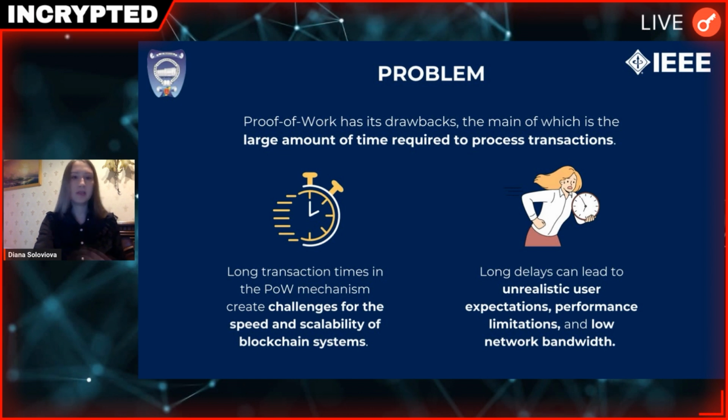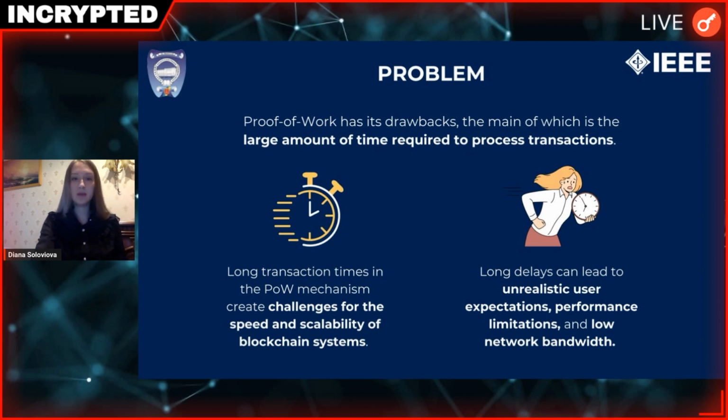However, along with the expansion of this technology, it still has problems which need to be solved. One of the key mechanisms underlying blockchains is proof of work technology, and it has its drawbacks, the main of which is the large amount of time required to process transactions.